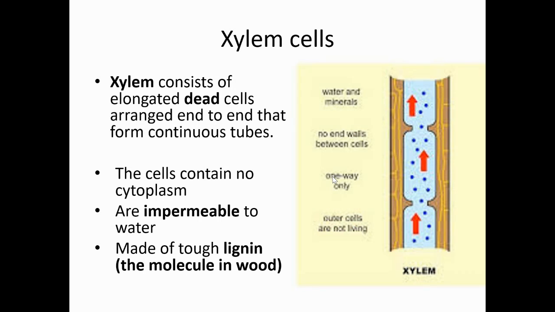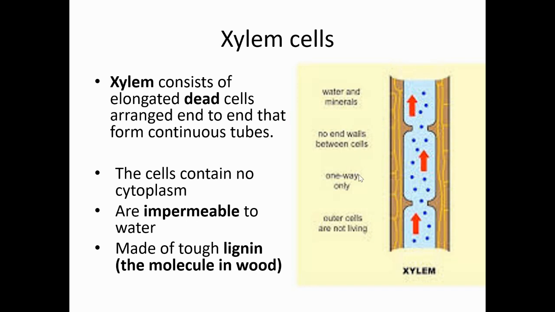Let's have a closer look at the xylem then. The xylem consists of elongated, dead cells arranged end to end to form continuous tubes. So although if you looked at a section of a xylem, it would look like it's just one continuous tube, it is actually made up of multiple cells, dead cells, that are joined together. The cells contain no cytoplasm and they are impermeable to water.